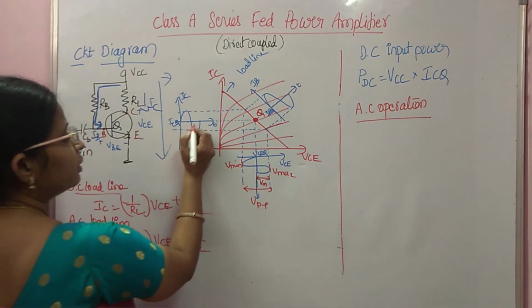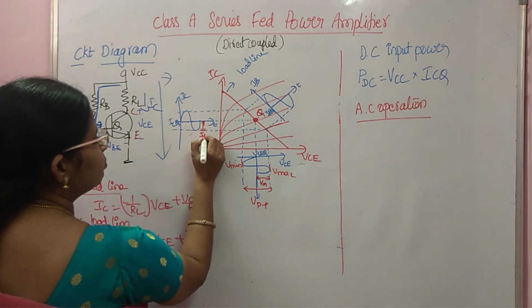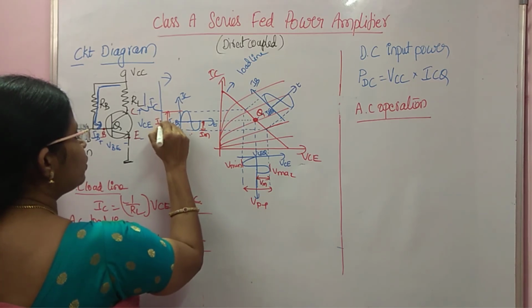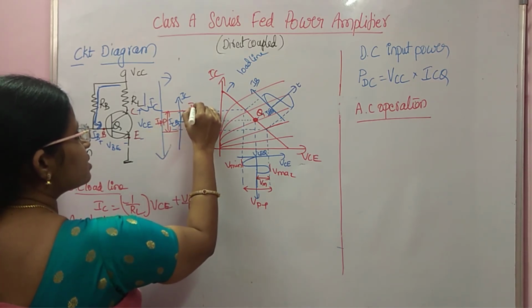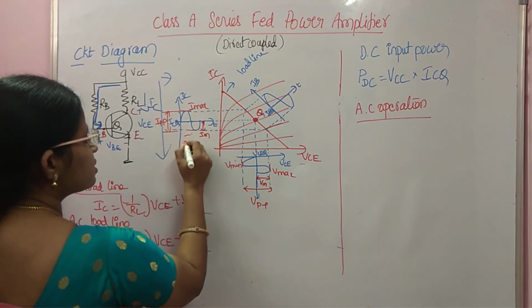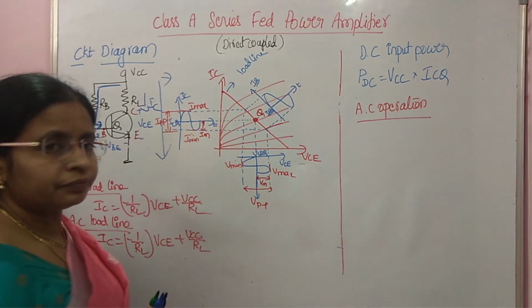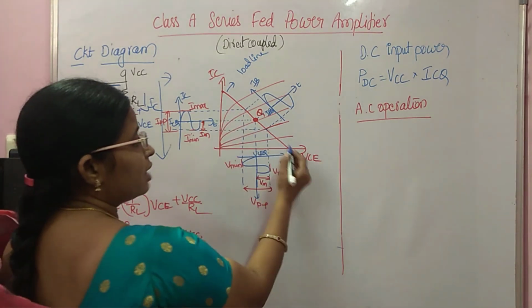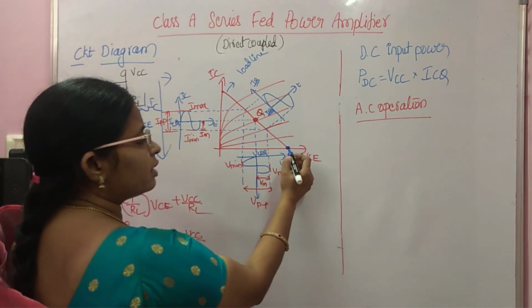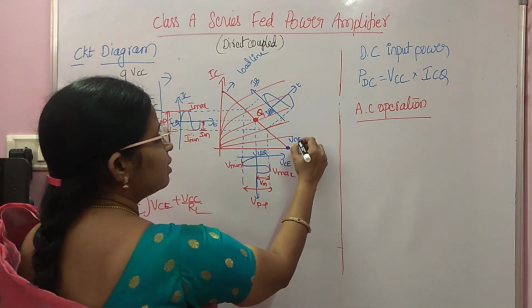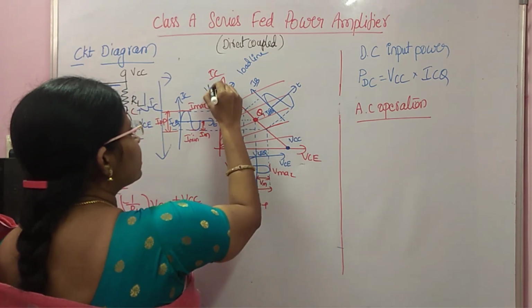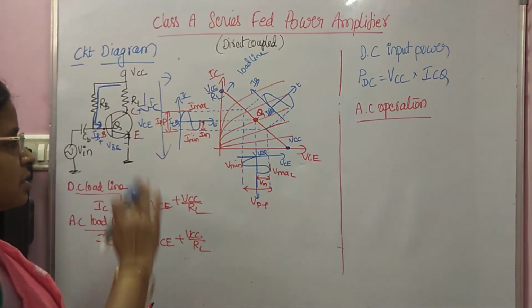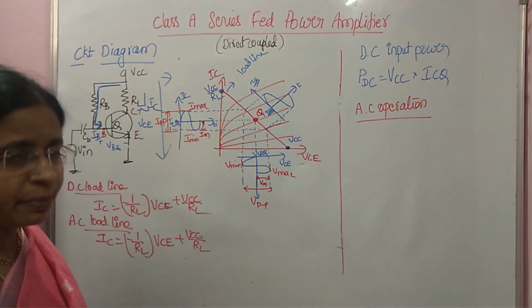In the same way, this is Im, this total is I peak to peak, this is Imax and this is Imin. Another important thing: the DC load line intercepts are this point VCC and this point VCC by RL. So this is the graph related to the class A series fed power amplifier.